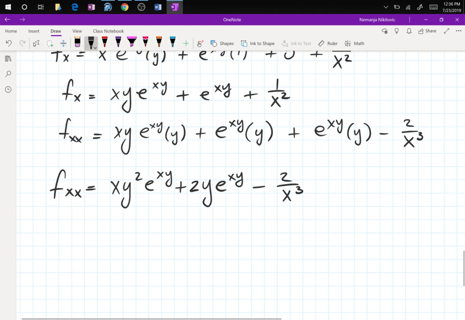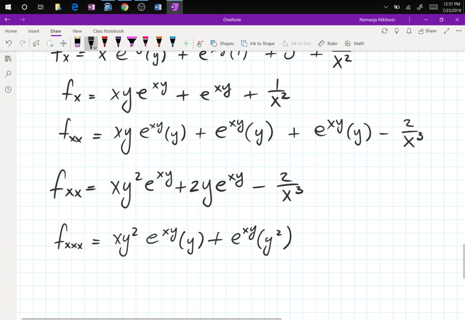So for the third derivative, you will take another product rule here, no product rules on these two. And you just keep going. How far? Well, until you need to. So, copy the first, xy squared, derivative of the second, it's going to be times y, plus copy the second, xy times the derivative of the first is just y squared.